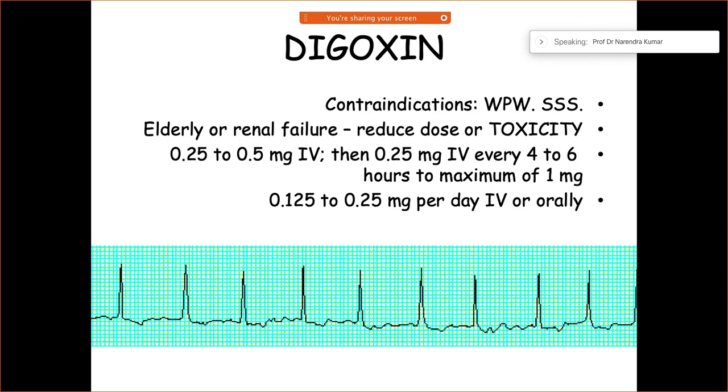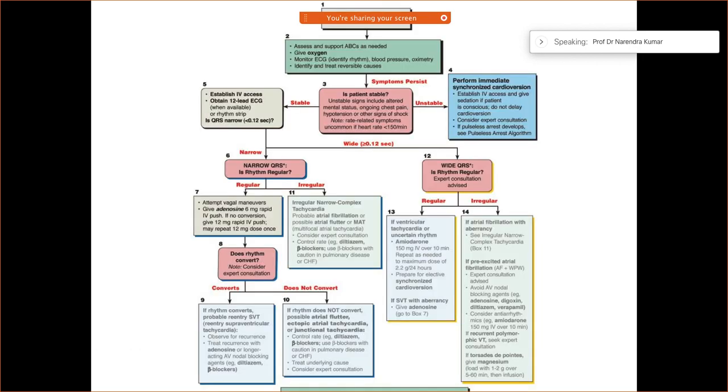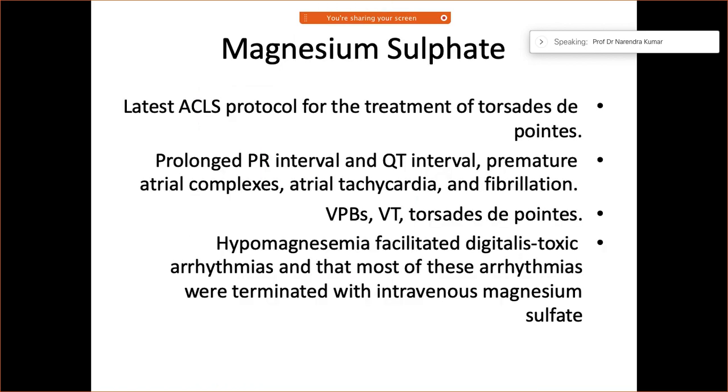So whenever you are thinking of the ACLS protocol, it's a great drug, which can sometimes be used in relationship to the other drugs being used. So this is on the chart, you can all go through it later on.